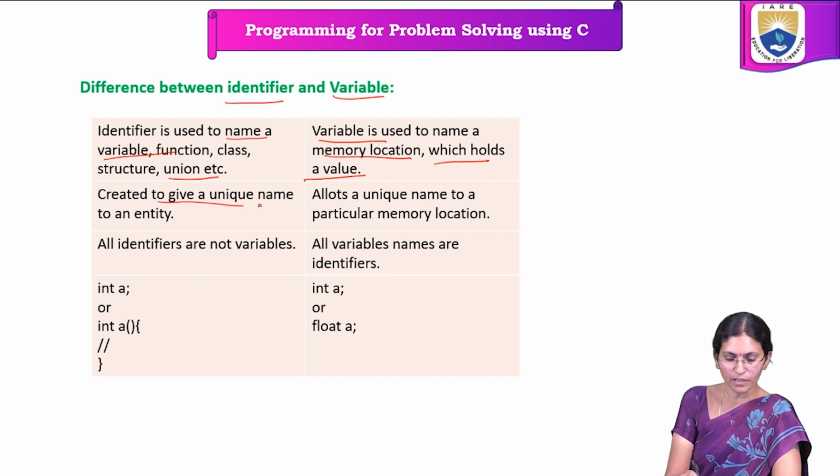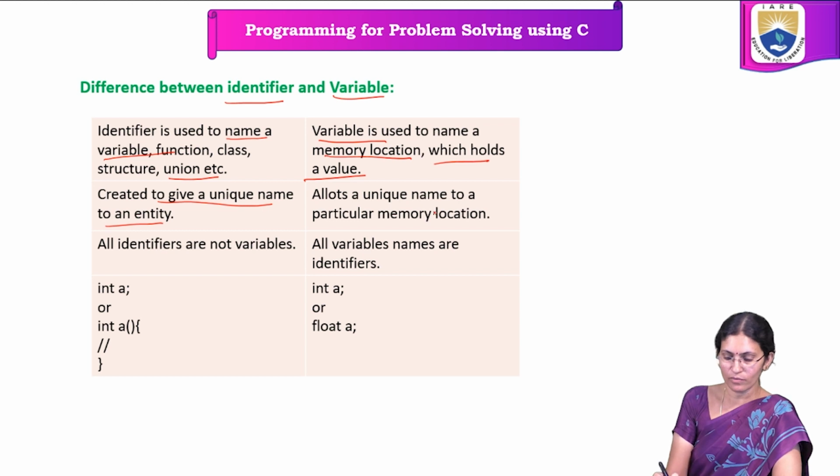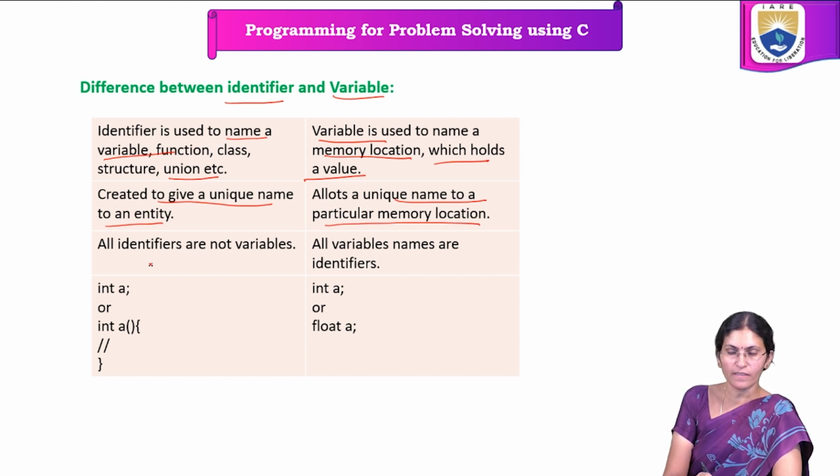It is created to give a unique name to an entity. A variable's purpose is also the same: it allocates a unique name to a particular memory location. So we can say that all identifiers are not variables, but all variable names are identifiers.